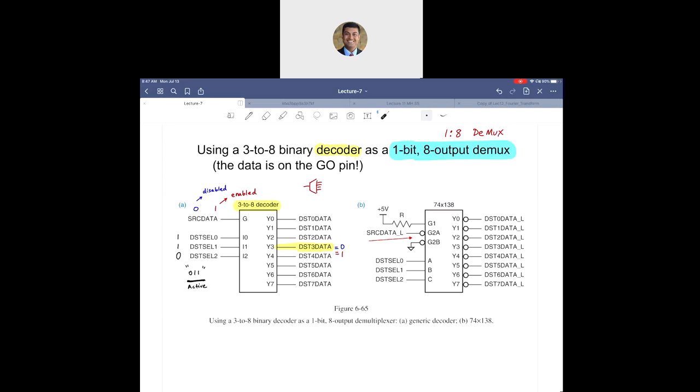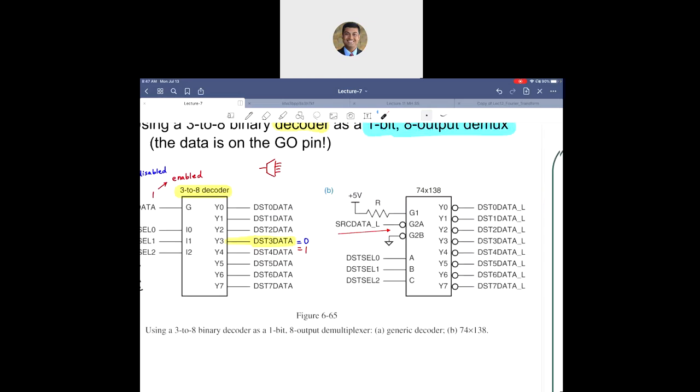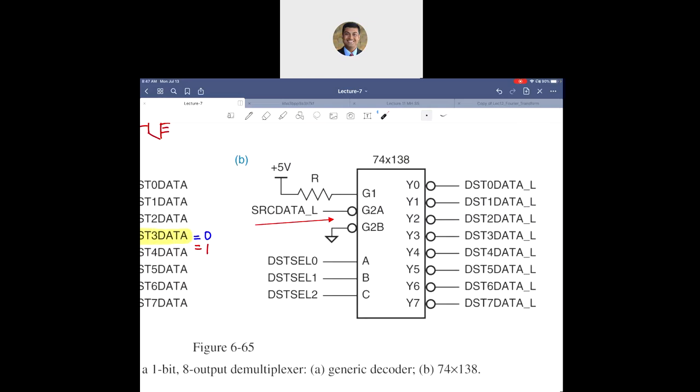Now on the left side, we are just showing the generic decoder with all inputs and outputs and enable as active high. On the right, we are showing the same thing using the standard 74138 chip. Same concept. This guy is enabled, check.